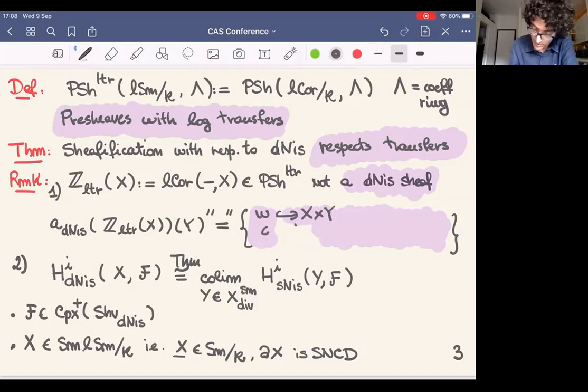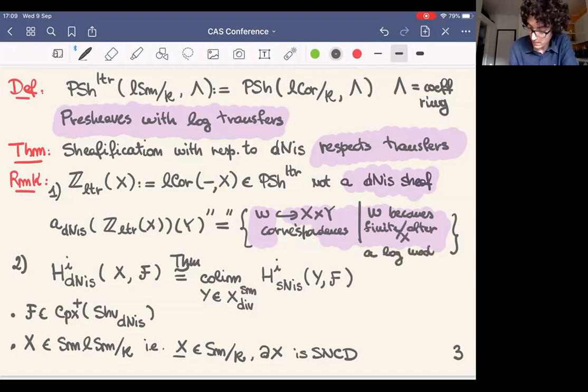So let's say correspondences, which are not finite, but W becomes finite also over X, after a log blow-up or a log modification. Okay, so if you are familiar a bit with a construction by Miyazaki and Kahn on topologies of modulus pairs, then you will see some similarities here, okay?